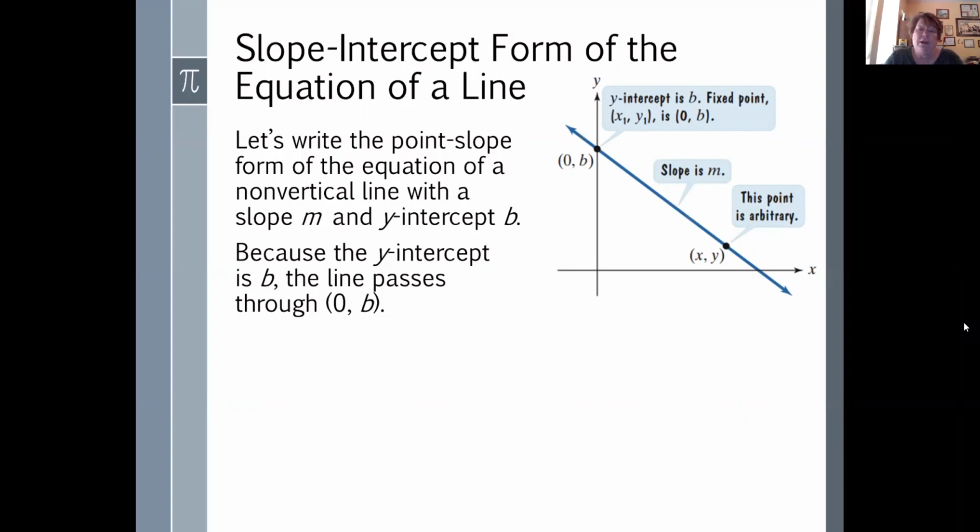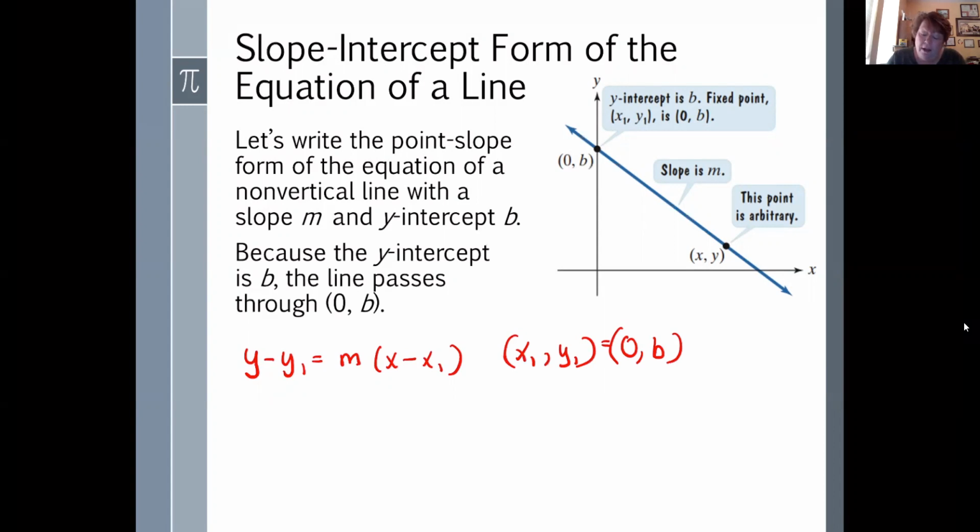Okay, so now we're going to use the point-slope equation to find the equation of this line. So we have y minus y1 equals m times x minus x1. And the point x sub 1, y sub 1 that we're going to use is the y-intercept. Excuse me, I think I said slope-intercept. The y-intercept. And the y-intercept is 0, b.